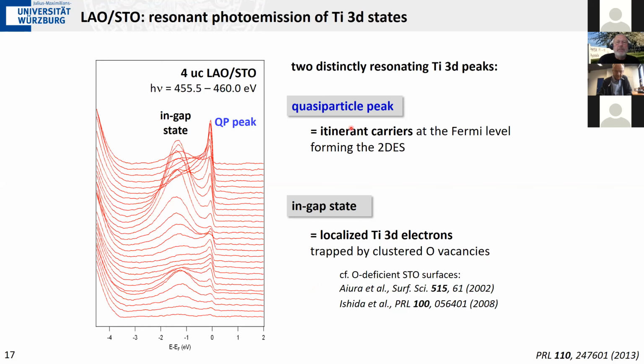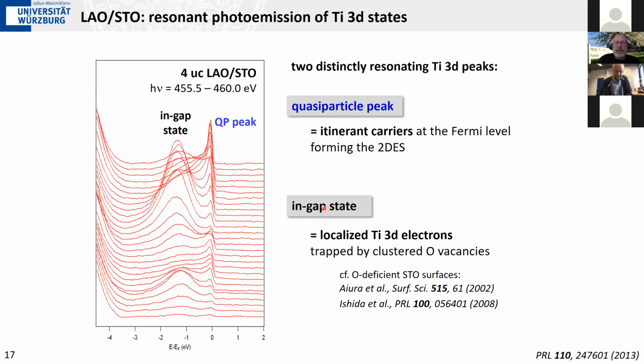But there will also be itinerant carriers sitting in the 3D band at the Fermi level and can contribute then to the conductivity and to the high mobility 2DEG.